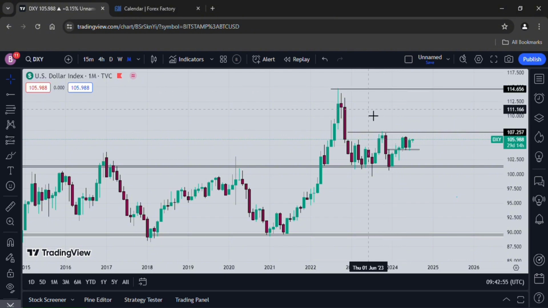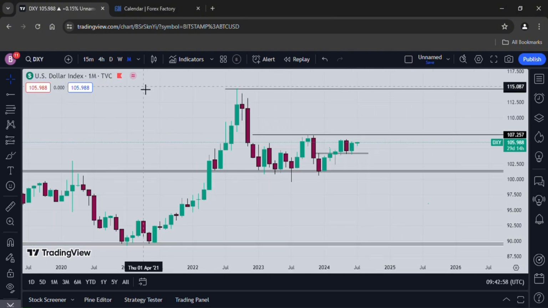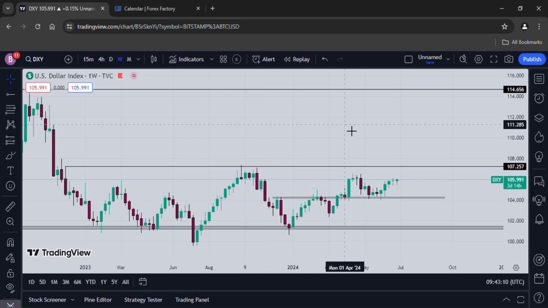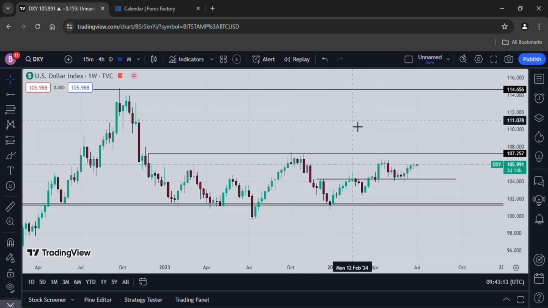So now our overall trend has been confirmed as an uptrend using the monthly time frame. Then what we do again is we go down to the weekly time frame to see what the market is currently doing, to see the current trend of the market.